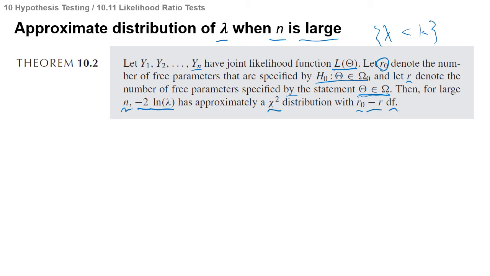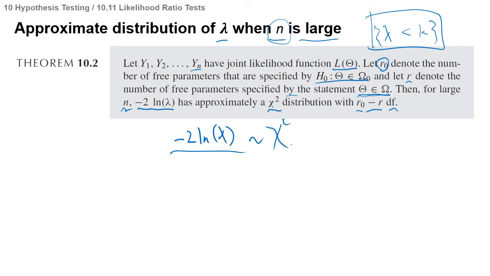This is a very useful theorem when n is large. Previously, we derived the distribution from the definition, which is kind of tricky. But if we have a large enough n, we can just calculate minus 2 ln lambda, and it follows a chi-square distribution with R0 minus R degrees of freedom.